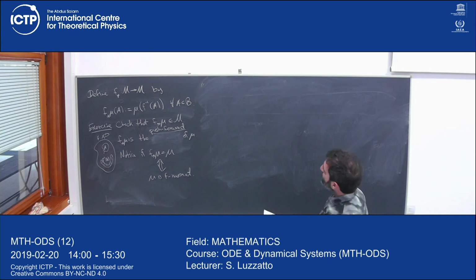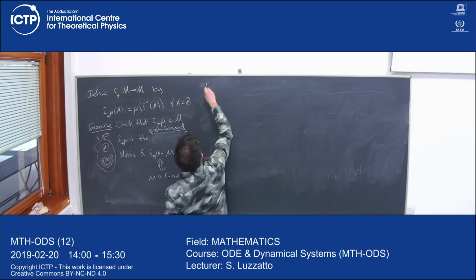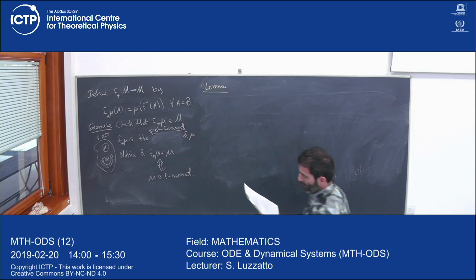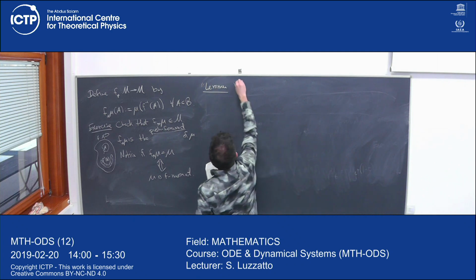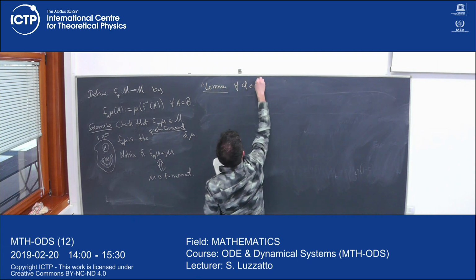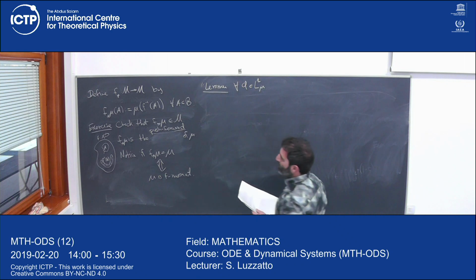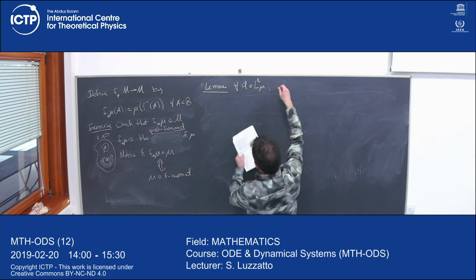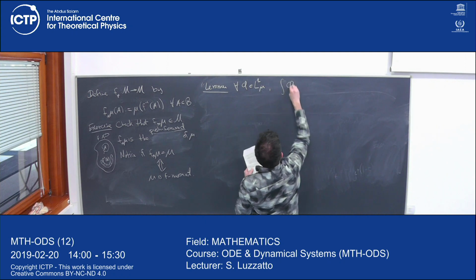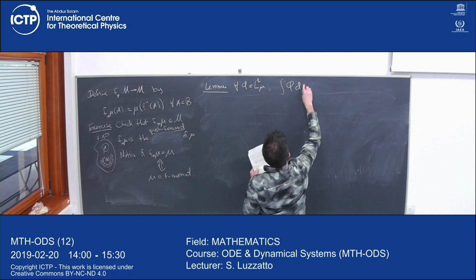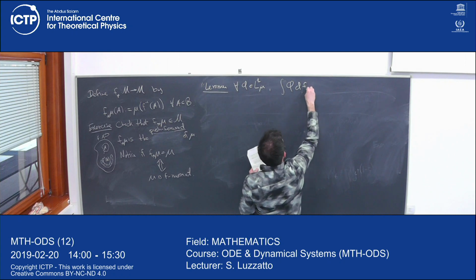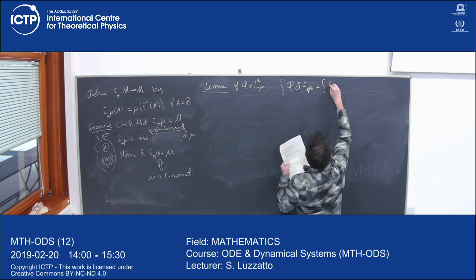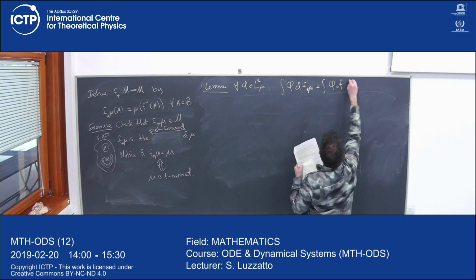So, okay, the first lemma, the crucial lemma here, is that for all phi in L1 of mu, we have that the integral of phi with respect to the push forward measure f star mu is given exactly by the integral of phi composed with f d mu.